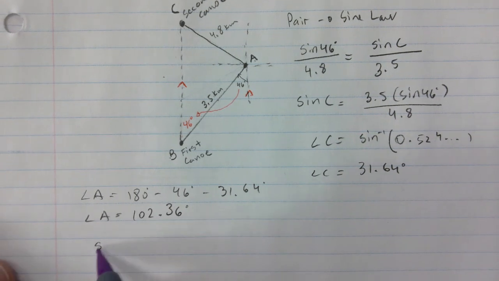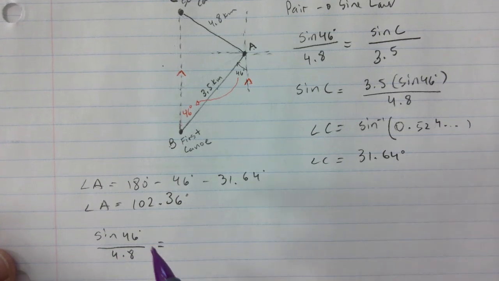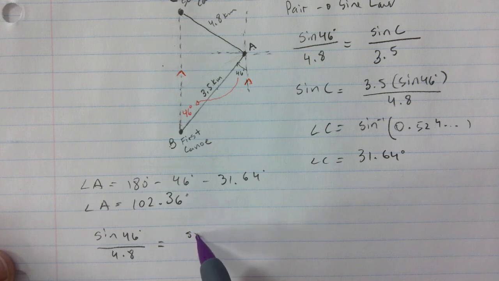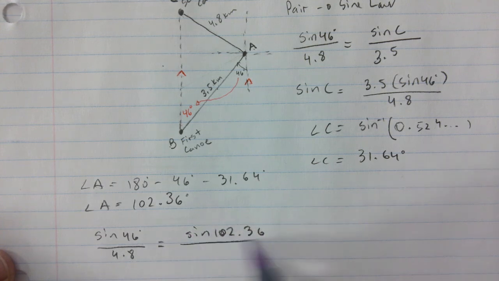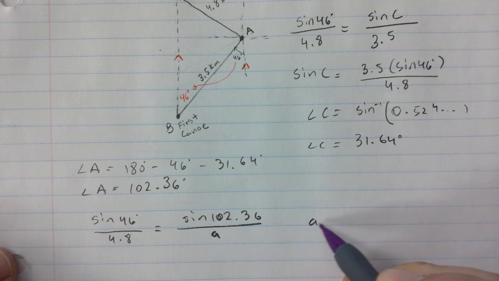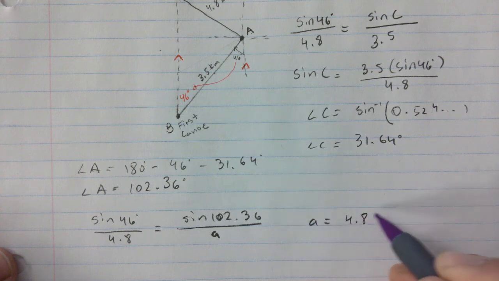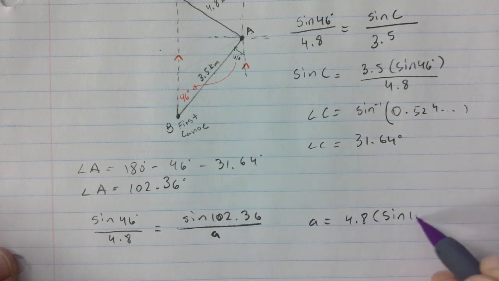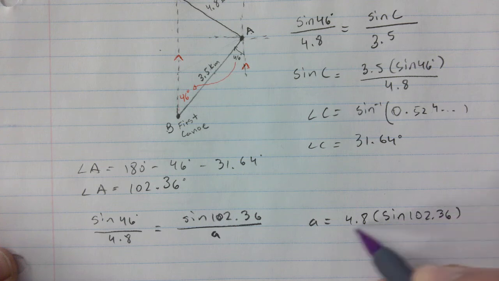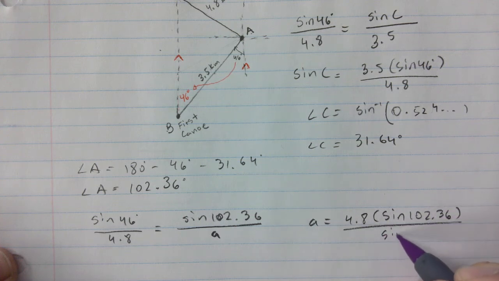So now I'm going to go sine of 46 over 4.8, which is the one I was given, or that I found, that pair. And I'm going to go sine of 102.36 over lowercase a. Okay. Lowercase a is 4.8 times sine of 102.36 over sine of 46.